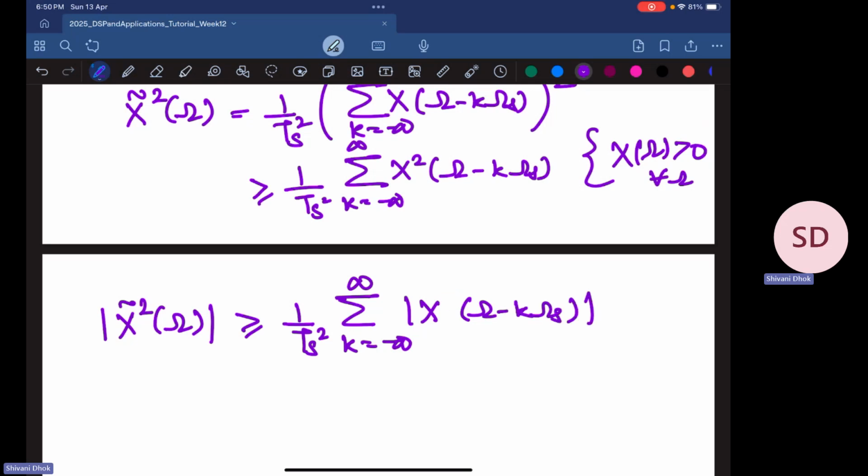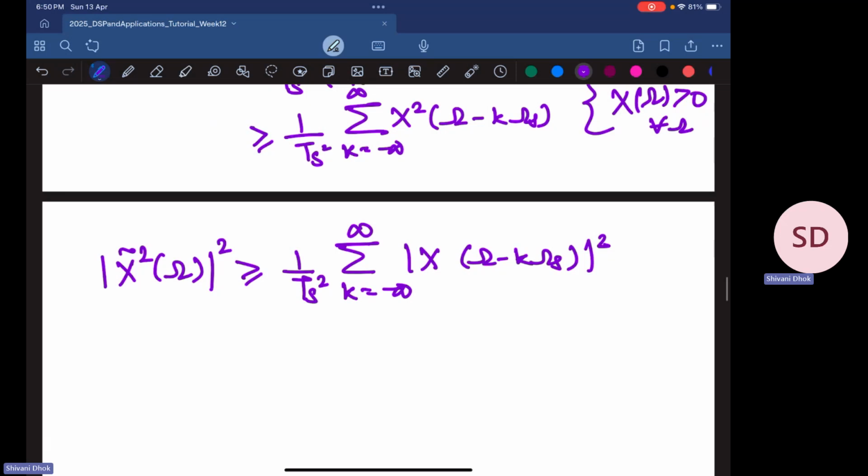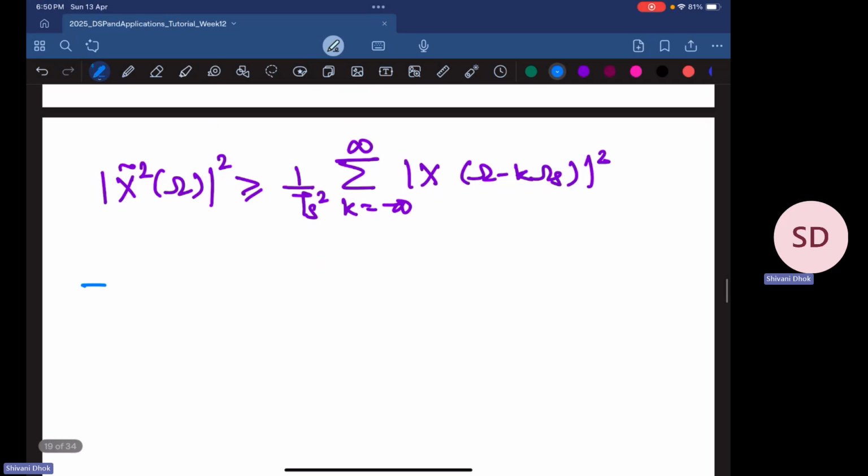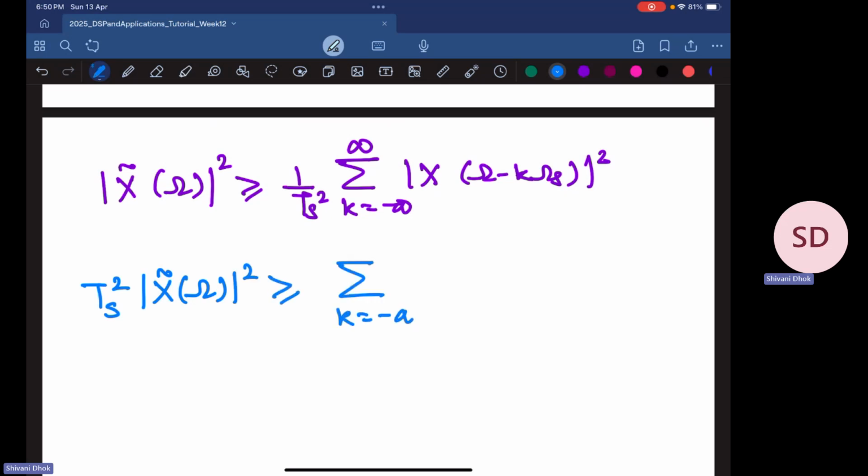Now I can shift this 1 over Ts this side, so what I get is Ts square into magnitude of x tilde of omega square is greater than or equal to summation k running from minus infinity to infinity magnitude of x of omega minus k times omega s square.